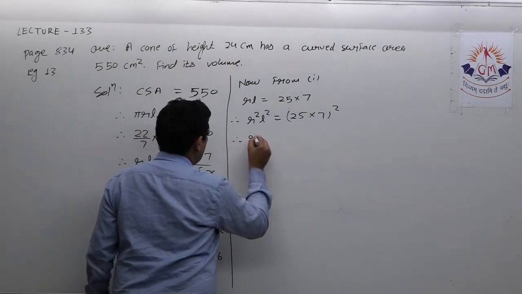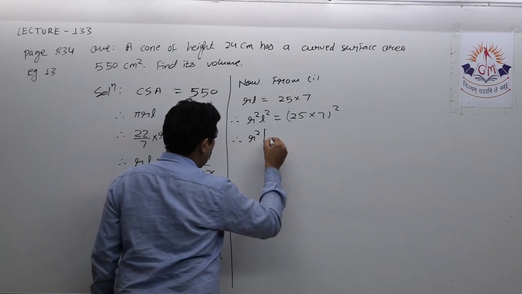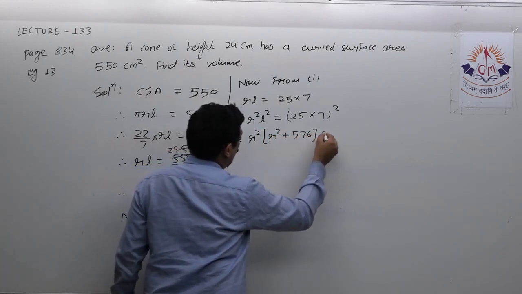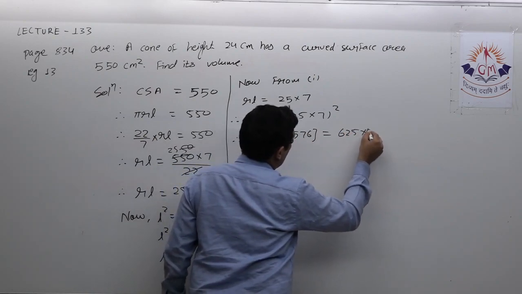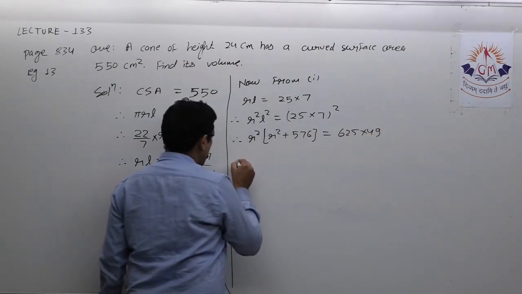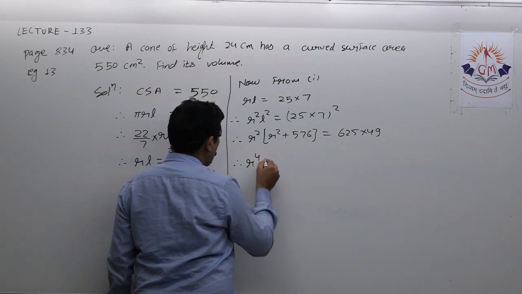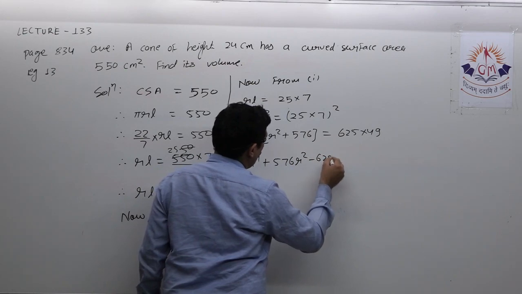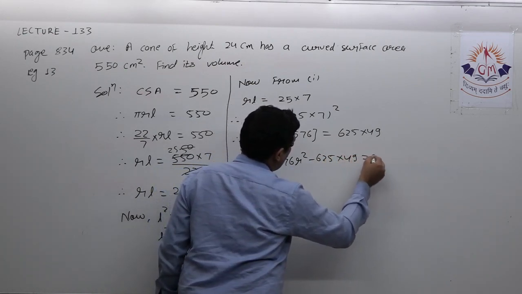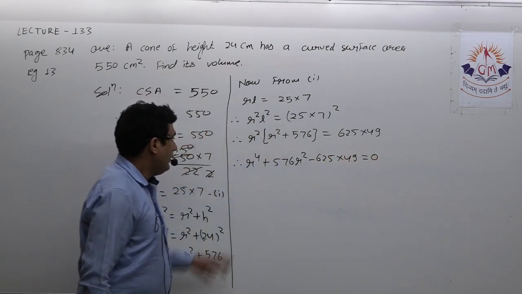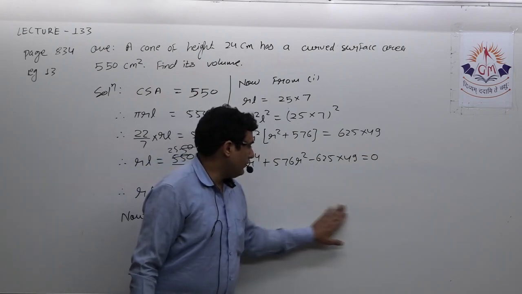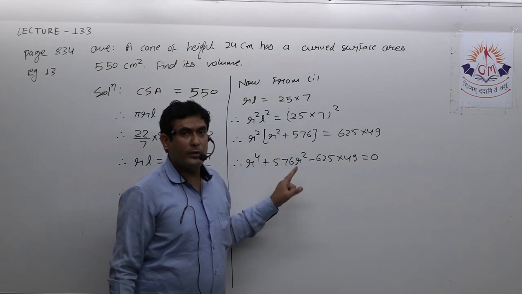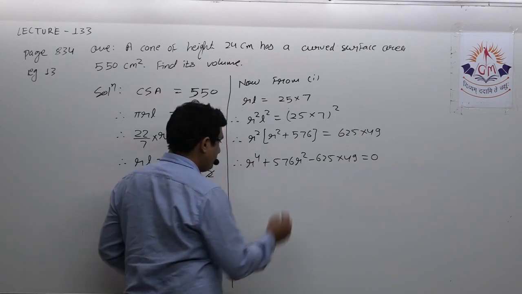So here, in place of L square I can keep R square plus 576, and over here I have 625 multiplied by 49. So this gives you R raised to 4 plus 576 R square minus 625 multiplied by 49 is equal to 0.